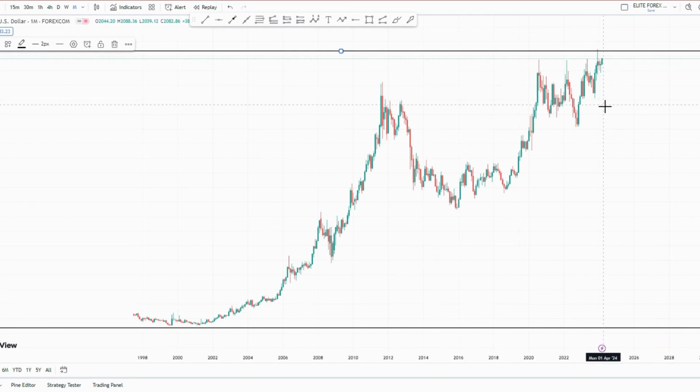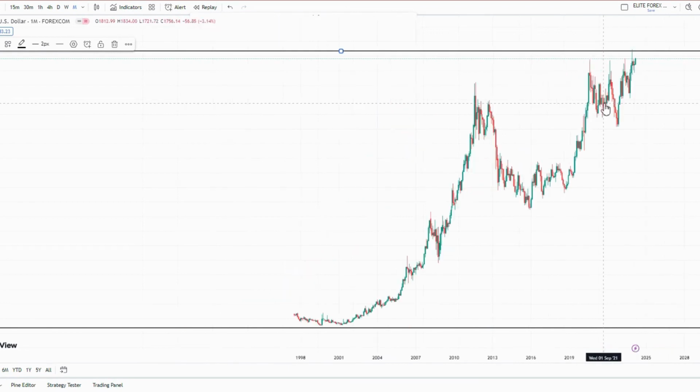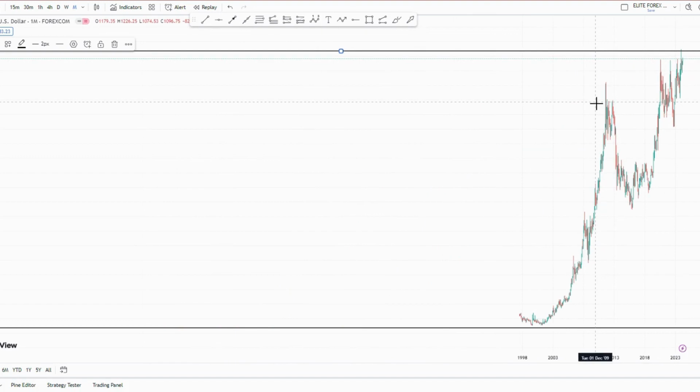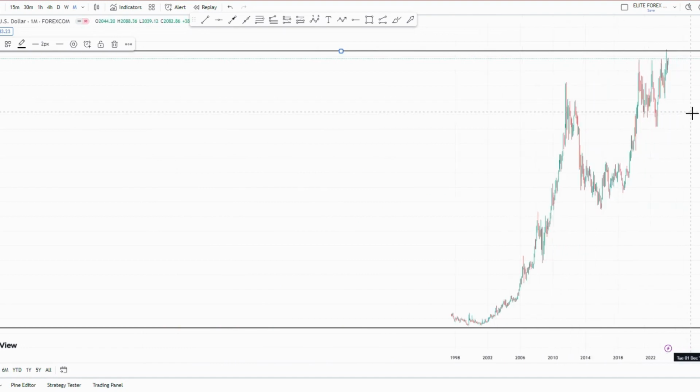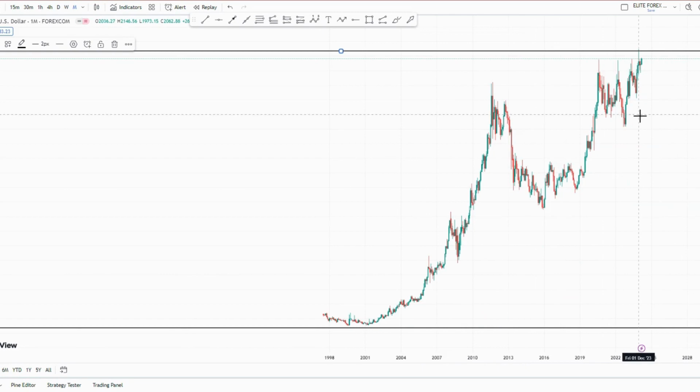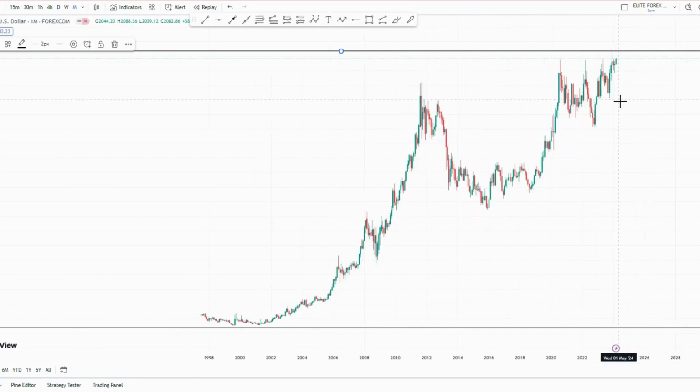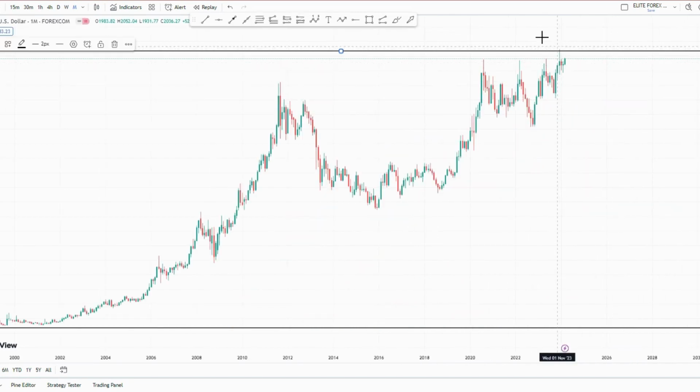So we will try to know what the market structure is on a larger time frame, on a bigger picture, so that we'll take a position maybe in the smaller time frame. So the monthly is already telling me that look, there is a rejection, and I'm seeing a triple top here.